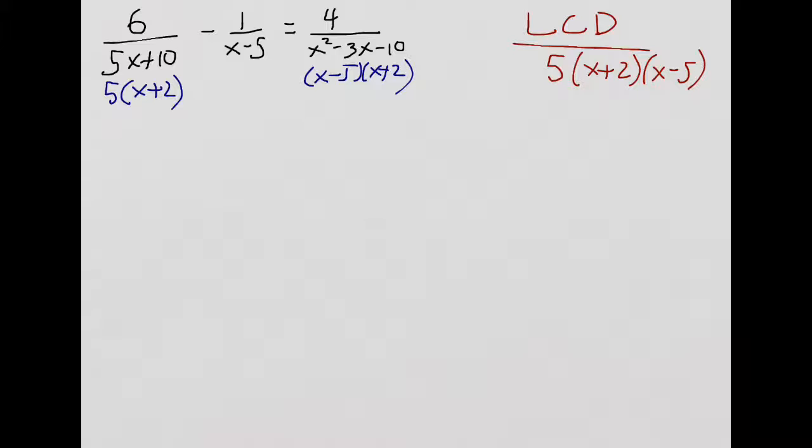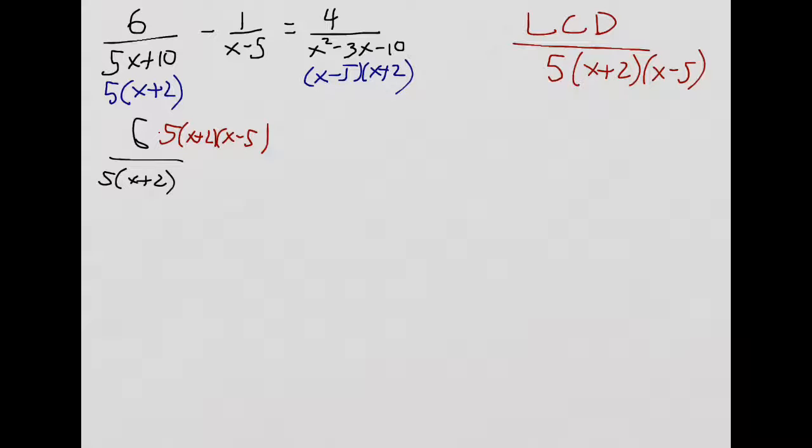What we're going to do is multiply each term by the LCD. So we get 6 over 5 times x plus 2, but we're going to multiply that by the LCD, so times 5 times x plus 2 times x minus 5.